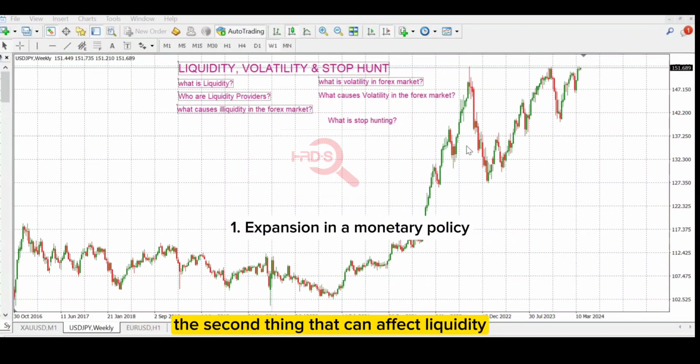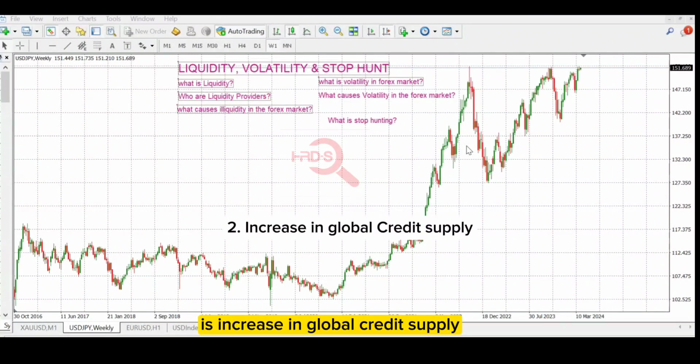The second thing that can affect liquidity is increase in global credit supply. If government increases loans, the borrowing rates in the country, it will affect the forex market liquidity positively, because a higher credit supply will lead to more money in the hands of traders and investors, who then invest the money in the forex market by buying currency pairs, thereby increasing liquidity.